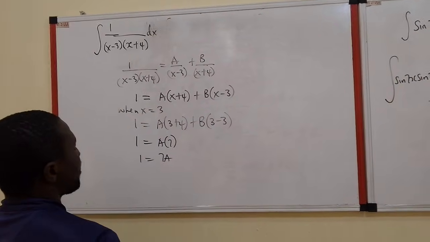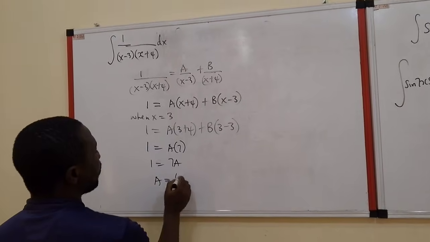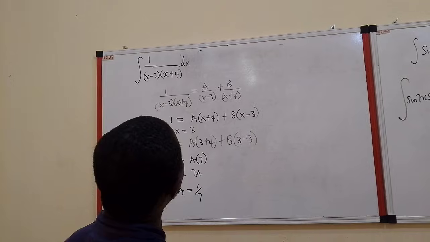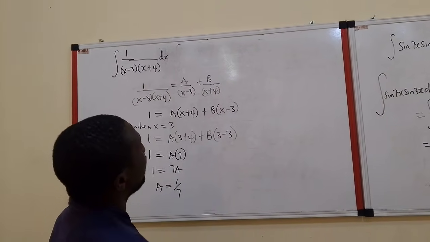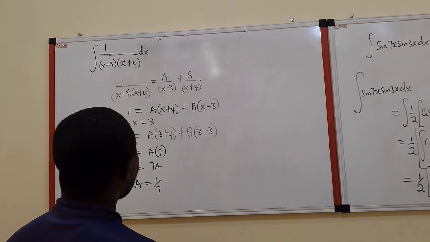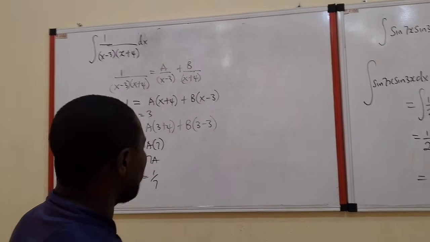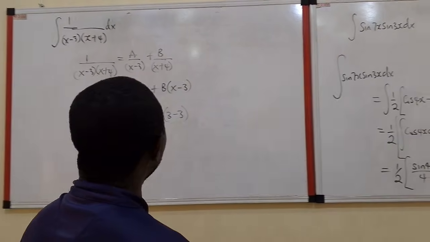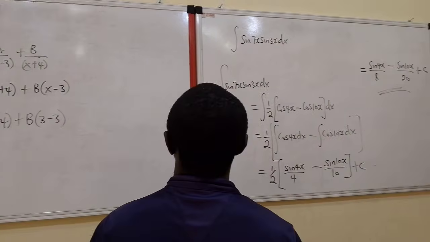Then divide both sides by 7. I have my a equal to 1 over 7. Okay? Next thing is, when x equals minus 4. Let's see, when x equals minus 4, what will be the value of b?